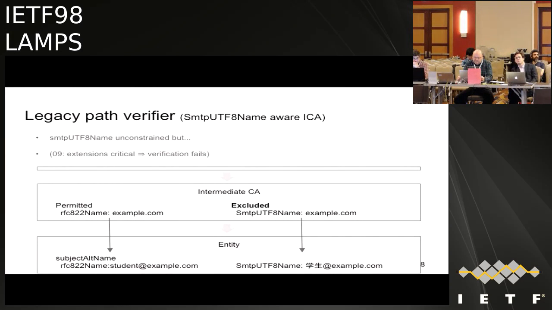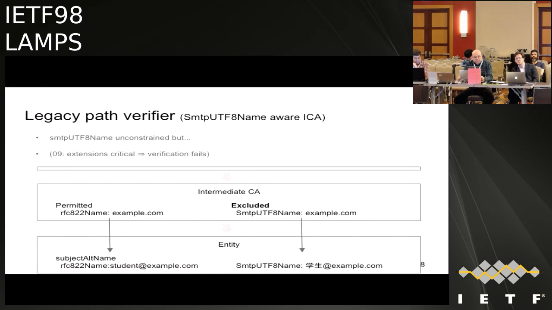But I think that's too restrictive in other ways. One can't always create sensible constraints in the RFC 822 namespace that match the SMTP UTF-8 names without doing all kinds of complicated conversions that get us into trouble as well.